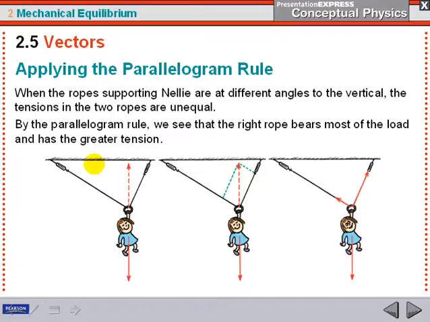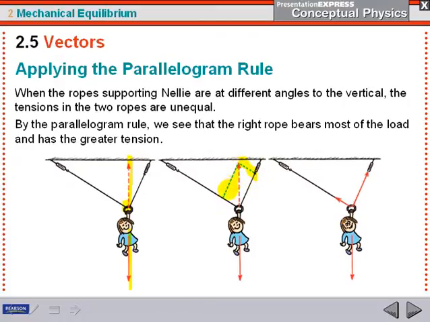So let's look at if she has two ropes here. You can see that we approach it the same way. We draw a dotted line that's equal and opposite our weight, and that's the resultant we need. Then we draw our two parallel lines, perpendicular lines.